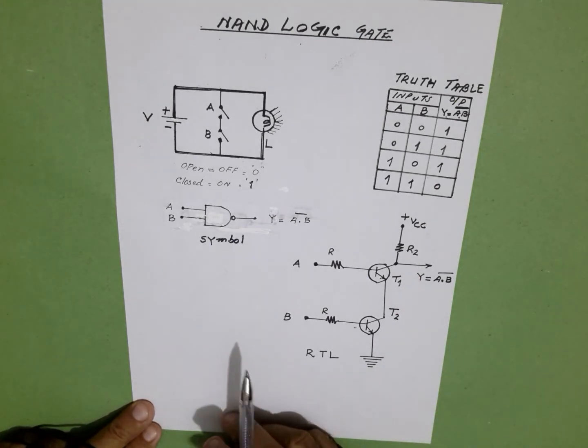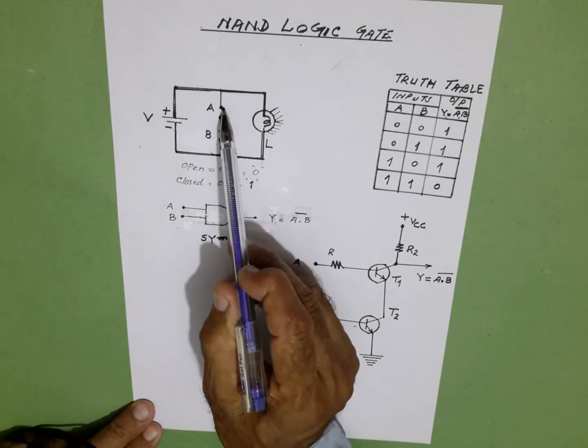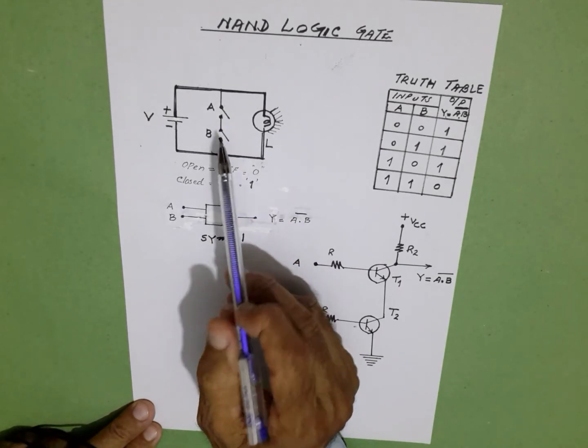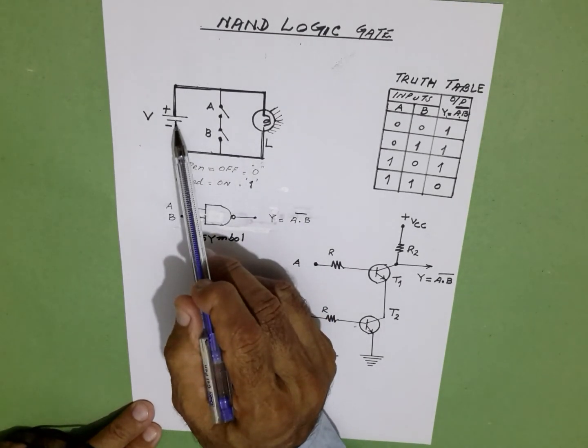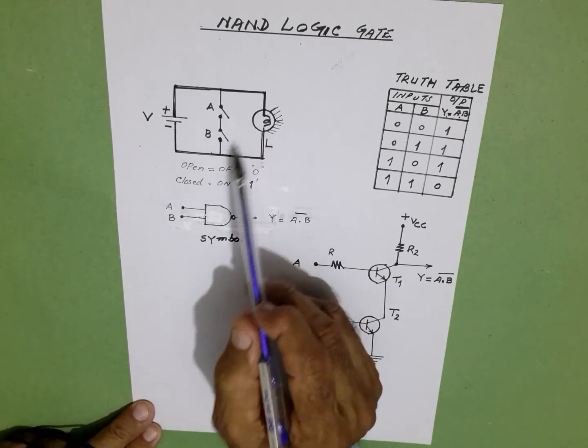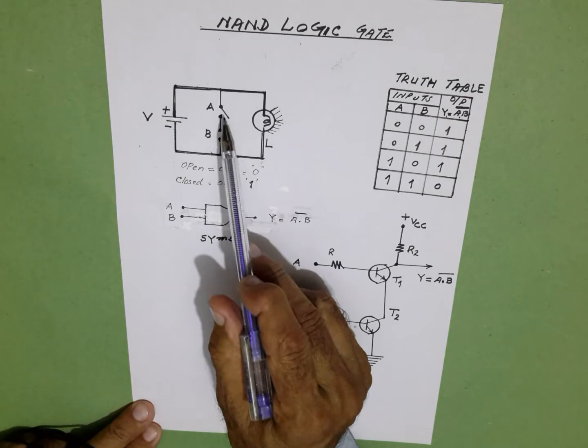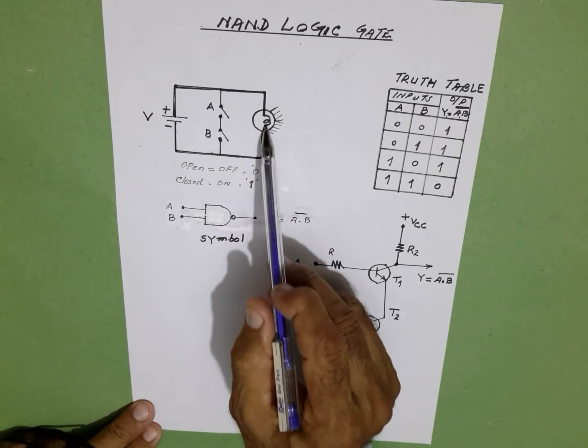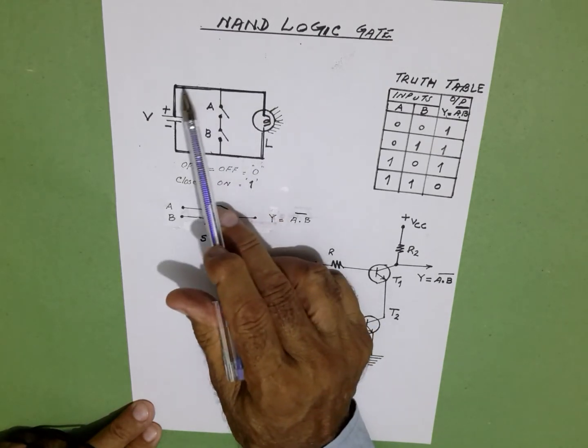For the first combination, when both switches are open, A is open, B is open, the current flows from the negative terminal through the lamp, and cannot flow through the switches because both switches are open. It flows through the lamp and back to the positive terminal.